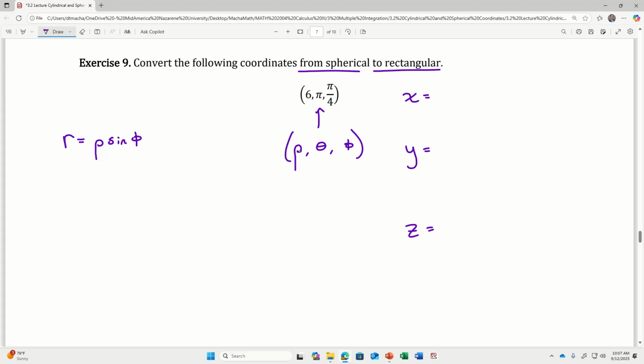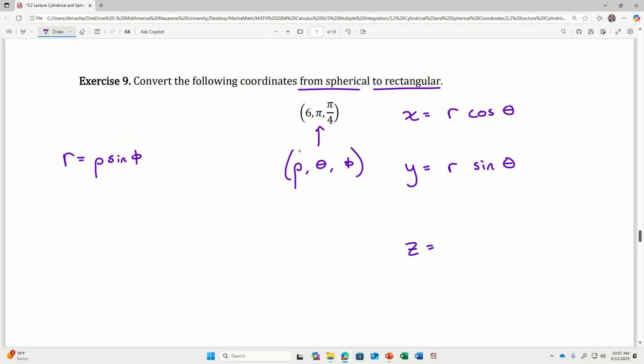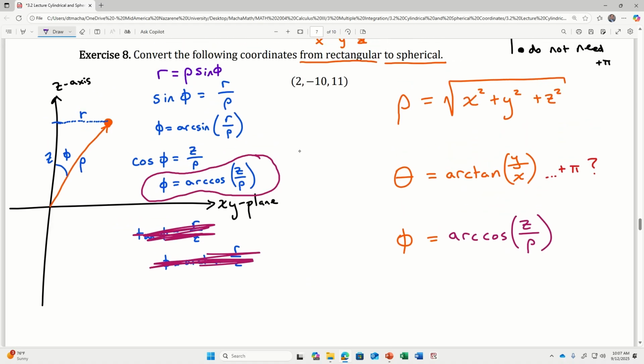And now that I have r, x is just r cosine theta, and y is just r sine of theta. We know that from when we were converting from cylindrical to rectangular coordinates. And then z, let me scroll back up so I can look at my picture and decide how we're going to calculate z. We can start from this equation and rearrange that to get z equals what?